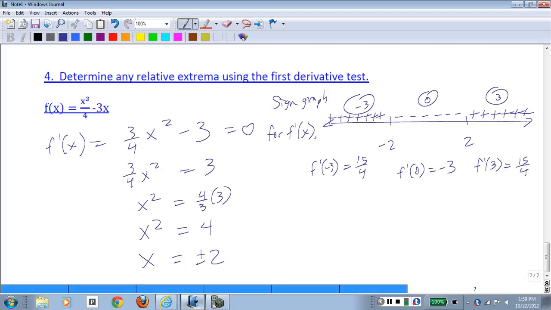The minuses indicate it's decreasing going out of it. So it looks like a relative maximum at negative 2. At positive 2, the minuses indicate that it's decreasing going into it. The pluses indicate that it's increasing going out of it. So relative minimum at positive 2.